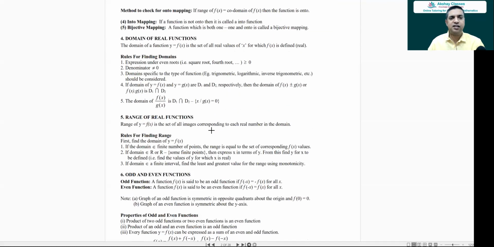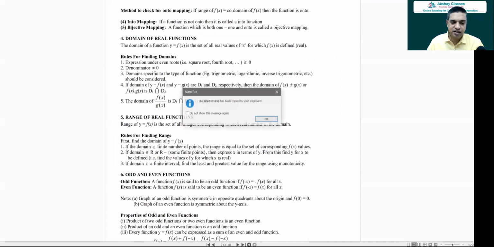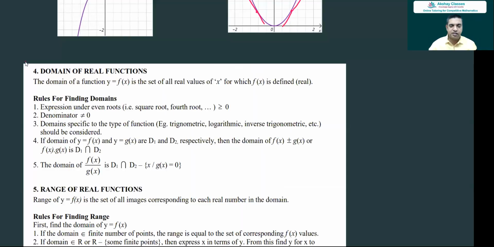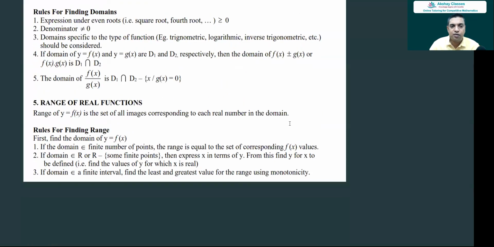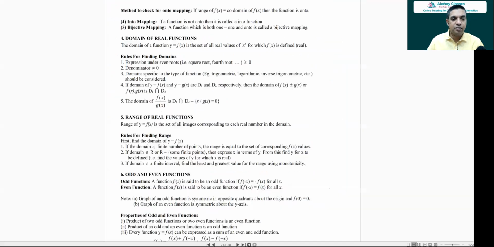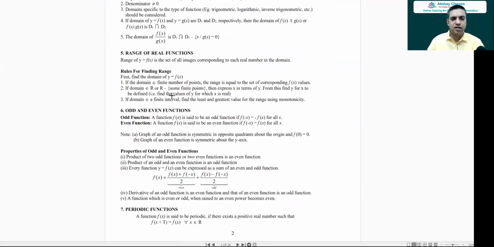Domains and ranges, I will leave it to you to review. I'll not go into detail of it. I'll just discuss the basics of basic functions and their standard domains and ranges. I will not dwell on it because this is not so critical for us from the GATE point of view, but you can go through the basic definitions I've given here.